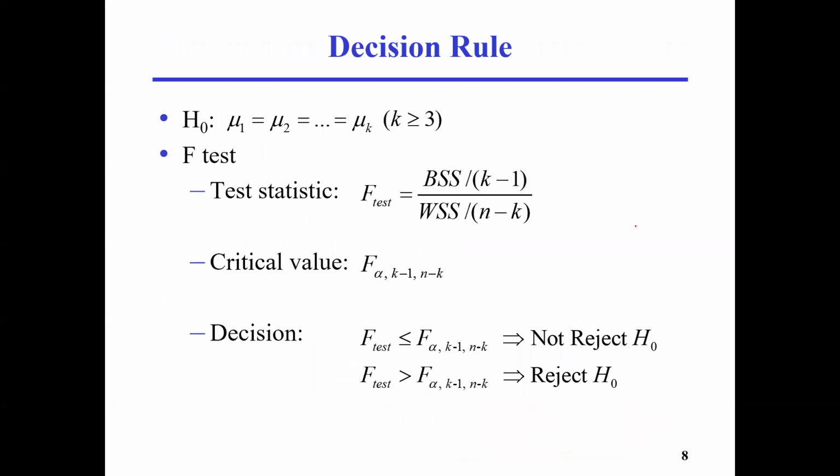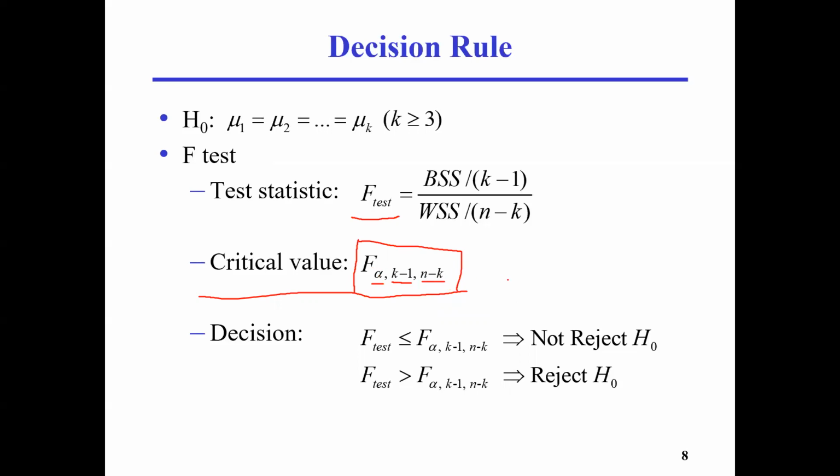Just like other tests, the t-test, z-test, when you have a specific test statistic, you also need to find a critical value, right? So for the F-test, you need to know F alpha. The alpha value for the F-test is still the old alpha you're familiar with, but you still need to know these two degrees of freedom, K minus 1 and N minus K, and you use lookup table A5 to find the critical value.